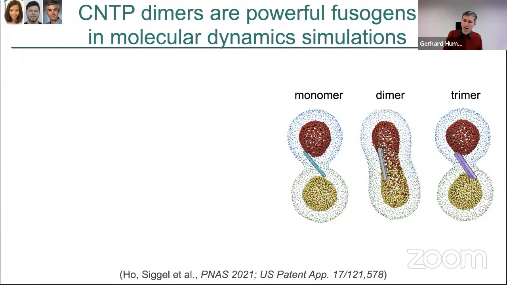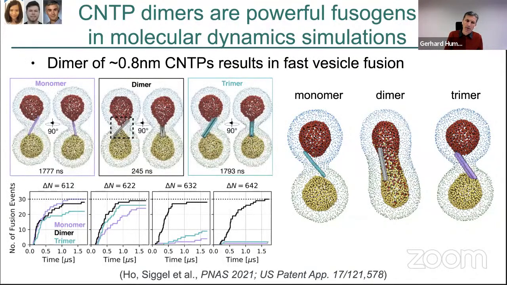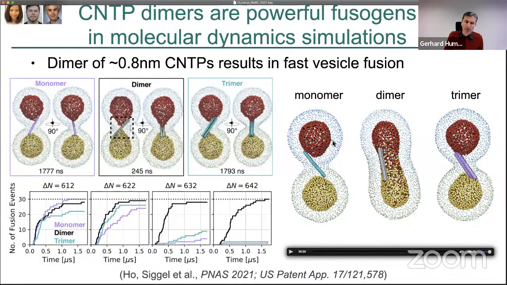Monomers and trimers were not very powerful as fusogens, and we could modulate this fusion tendency by changing the barrier to fusion by using asymmetry in the number of inner leaflet and outer leaflet lipids as an additional control parameter.